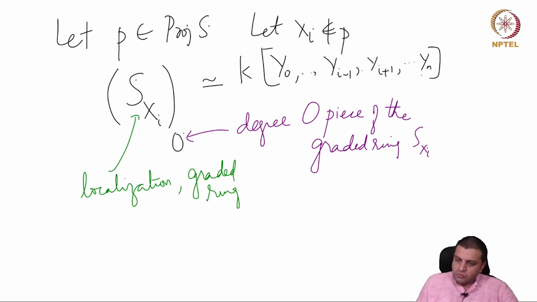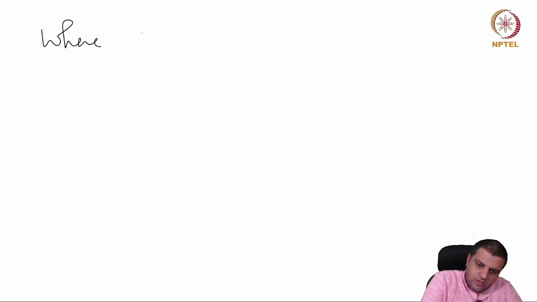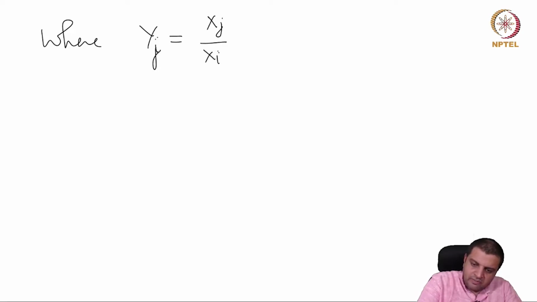And what are these yi's? Where yj is the ratio xj over xi.